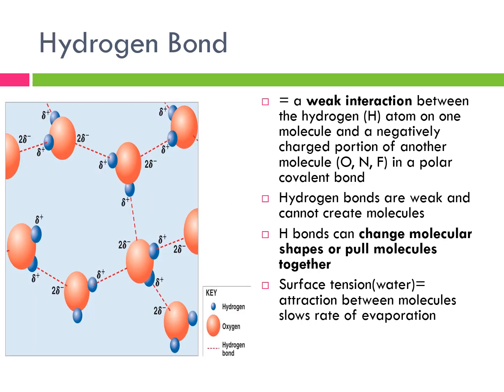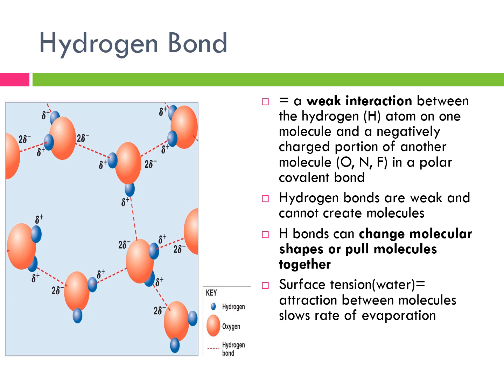Last, we have hydrogen bonds. And hydrogen bonds are a weak bond that occur between hydrogen atoms and other negatively charged portions of a molecule. So hydrogen bonds cannot create molecules. They don't bring 2 atoms together. But when you have a molecule, they can change the shape of it.